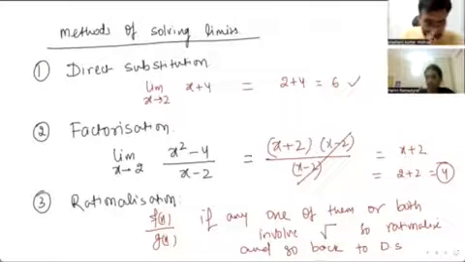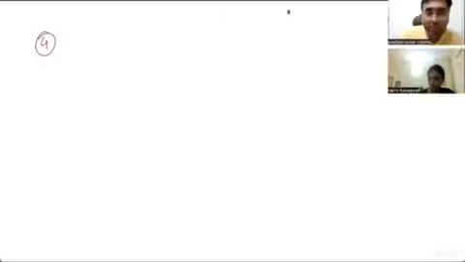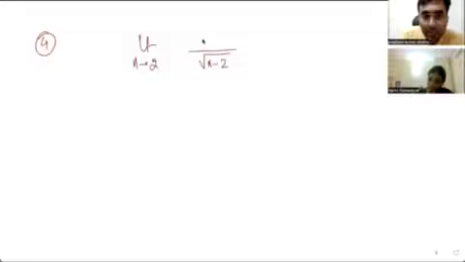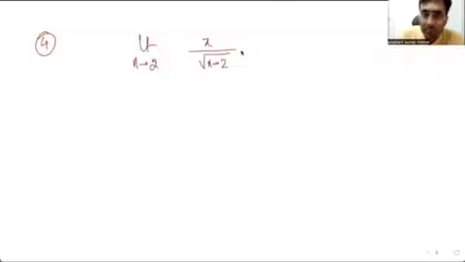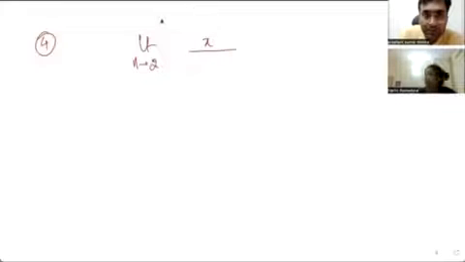Yes, I can give you. Let's say it is given limit x tends to 2 of under root x minus root 2 over x minus 2. Now what you can see here, it is x minus 2.